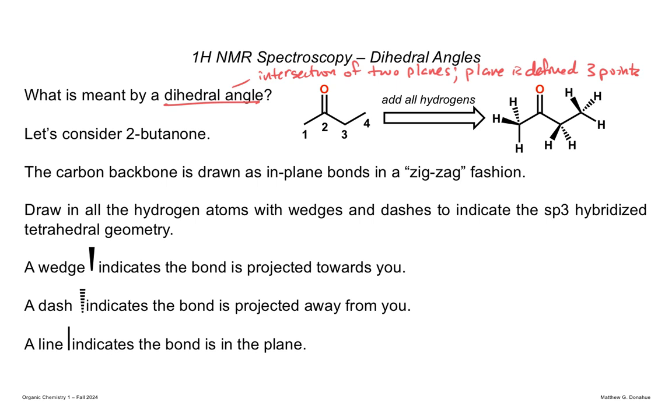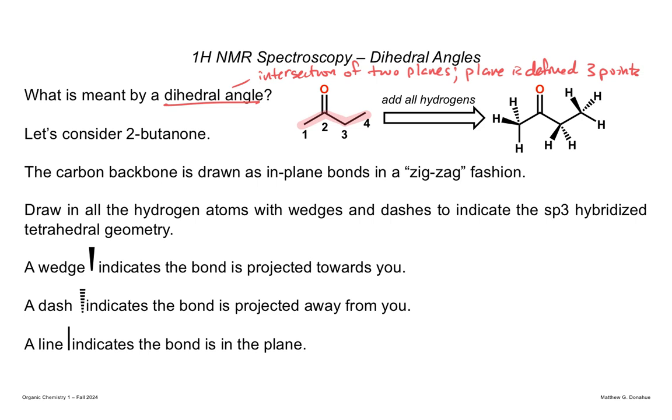So if we're considering 2-butanone, and we draw the carbon backbone in the plane as a zigzag, so I'll highlight that in red here. So that carbon backbone is what's called a zigzag. And then we fill in all the hydrogen atoms using wedges and dashes to indicate sp3 hybridized tetrahedral geometry.